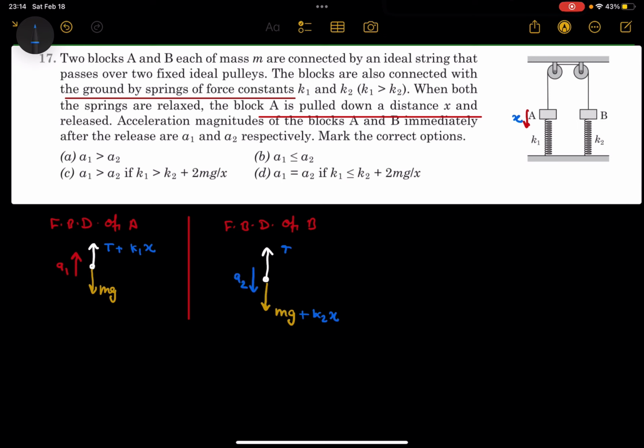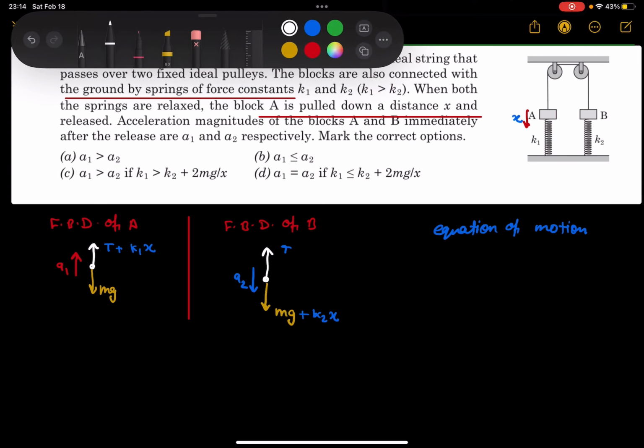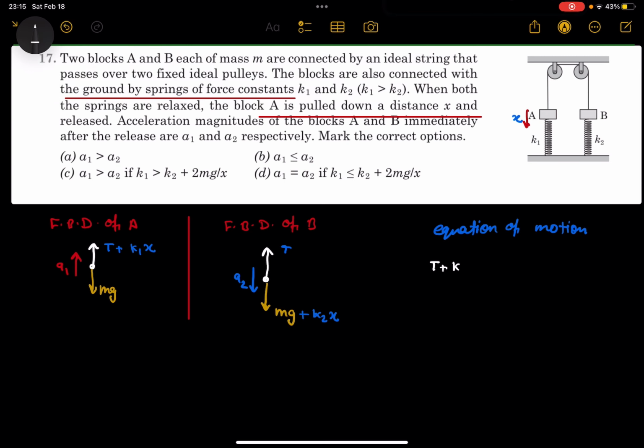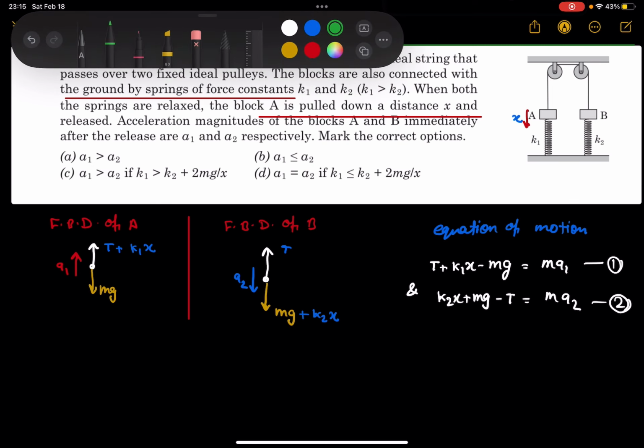Writing the equations of motion: equation number 1 is T plus K1x minus mg equals ma1, and equation number 2 is K2x plus mg minus T equals ma2.